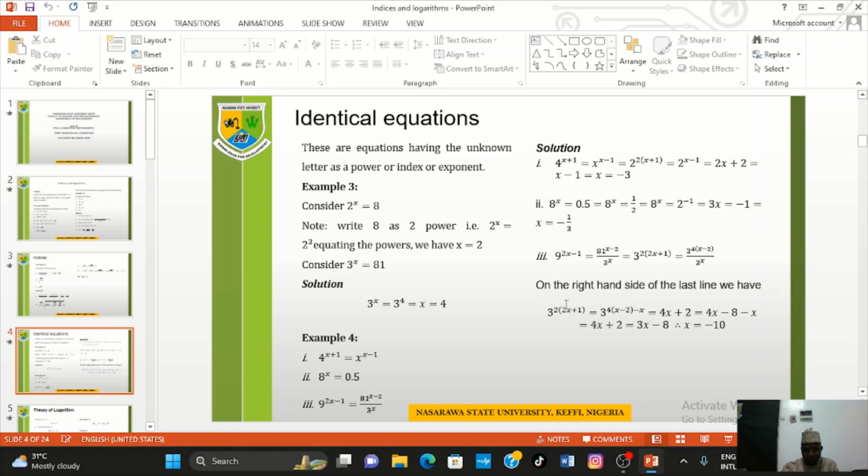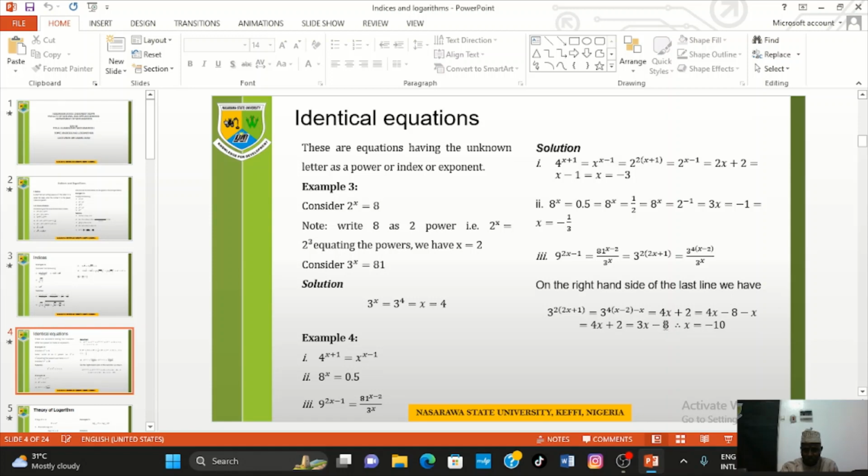This will give us 4x plus 2 equals 4x minus 8 minus x. So in this place now you rearrange and collect the like terms. So in this case, 4x minus x will give us 3x, and with your minus 8.